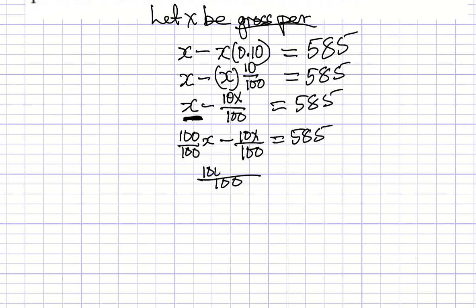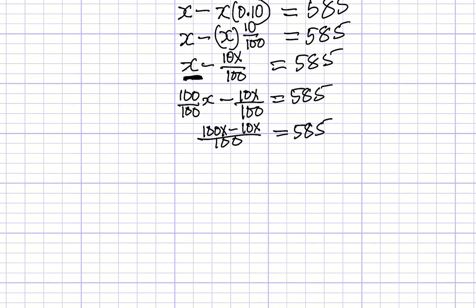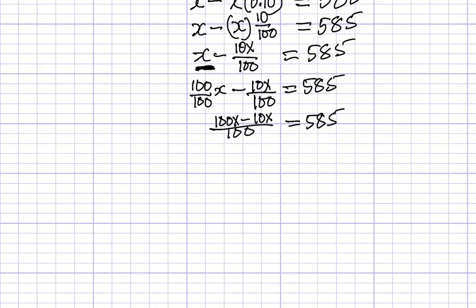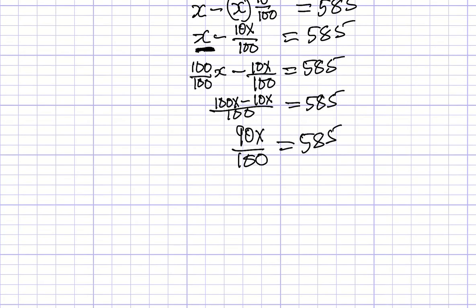We'll have 100x minus 10x, equals 585. Then if you simplify the left side, 100x minus 10x is 90x over 100, equals 585. All right, see that, right?